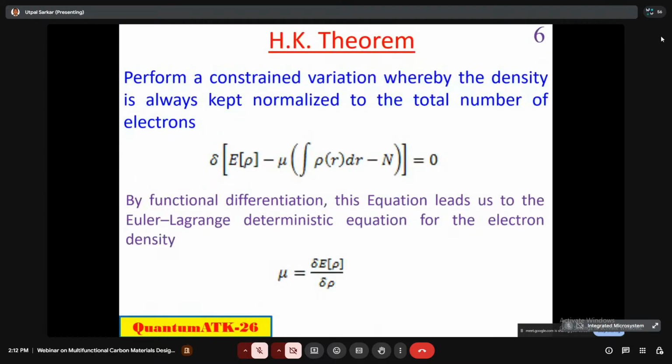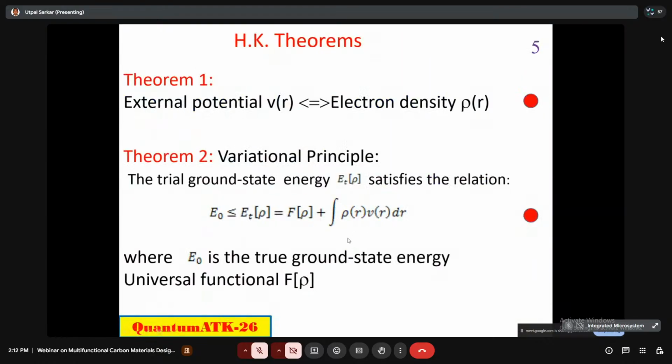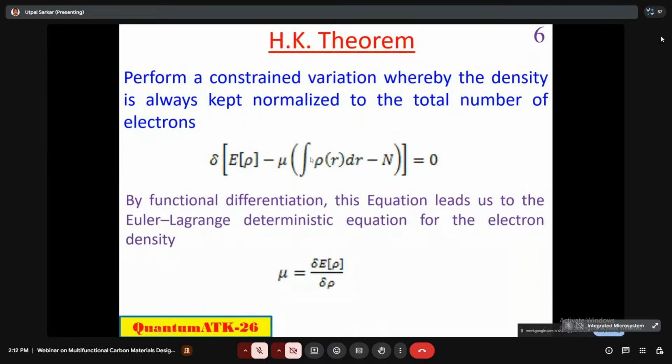So how do you calculate the electron density? Perform a constrained variation of these particular energy expressions. So this is your energy and this is your electron density. If you integrate the electron density over the whole volume, then it should be equal to your total number of electrons, that is this quantity.